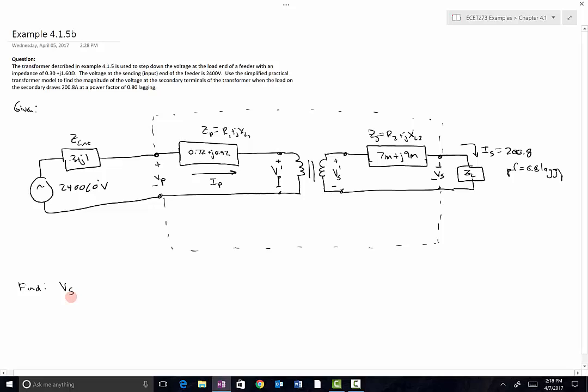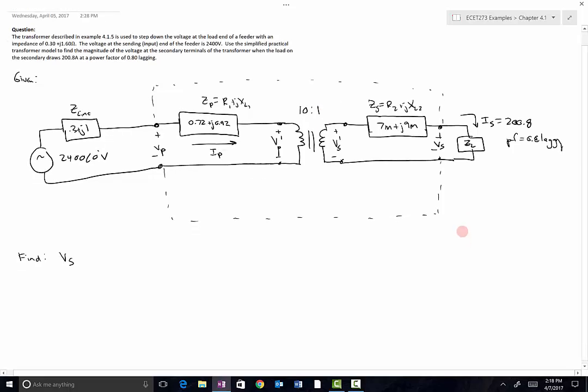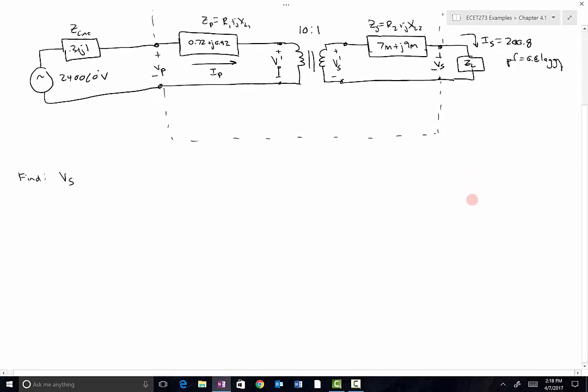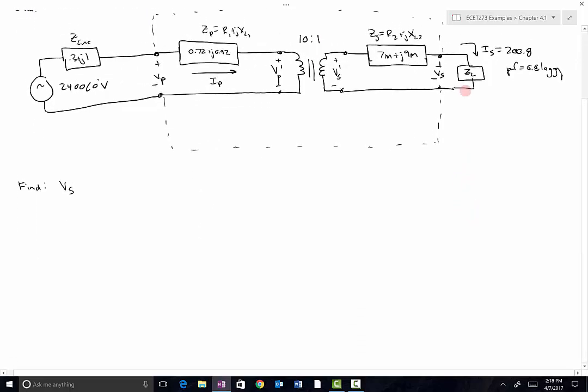So the technique that we're going to use to solve this is to refer everything in the secondary circuit across the transformer into the primary using the turns ratio, which is a 10-to-1 transformer from the previous example. So that we can combine all this into one circuit and get rid of this. That's going to look like this.